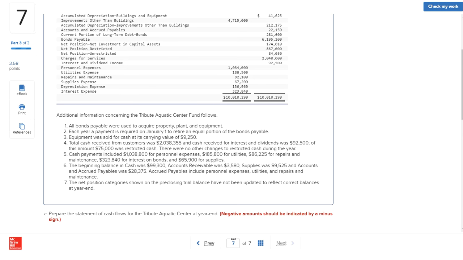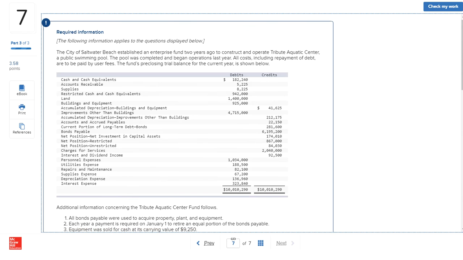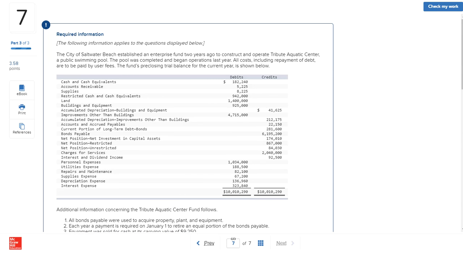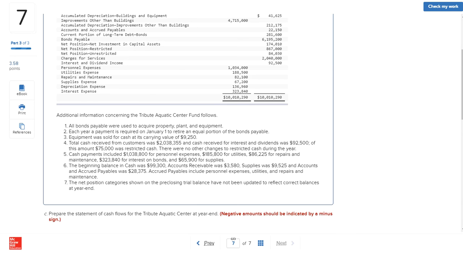And then you had some interest received, some cash coming in. And so your ending cash is this $182,240 plus this $942, or $1,124,240. You're given your beginning cash of $99.30. And so you should be able to very easily calculate your statement of cash flows.